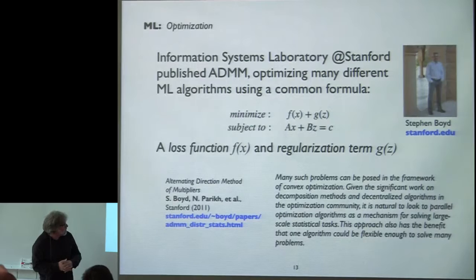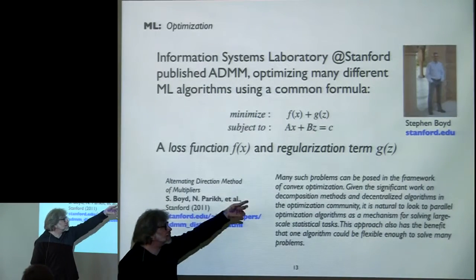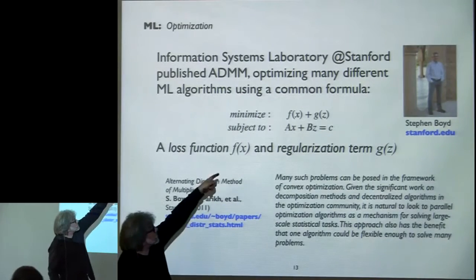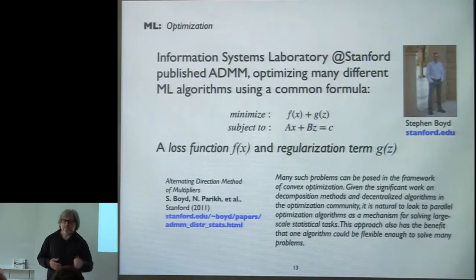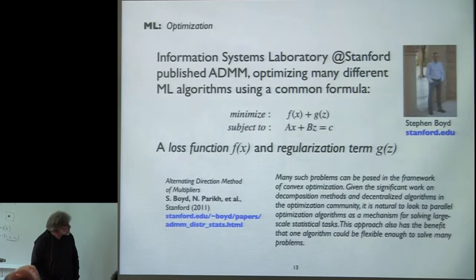So if you think of a machine learning algorithm as being a loss function and some type of regularization, you can come up with an optimization problem to characterize that. And then given a data set, you can optimize for this. They're using the alternating direction method of multipliers, alternating descent.